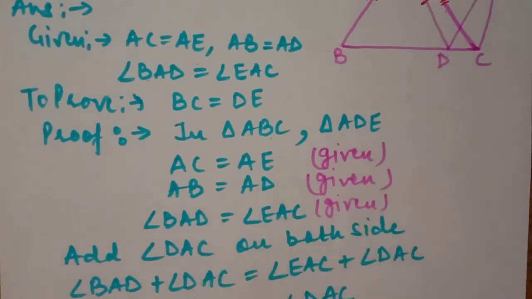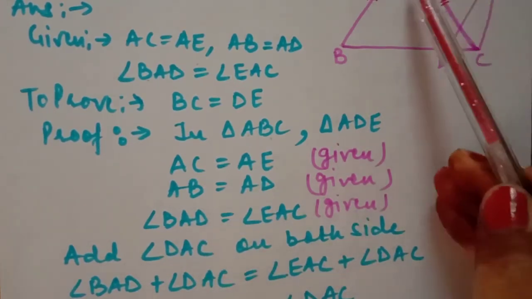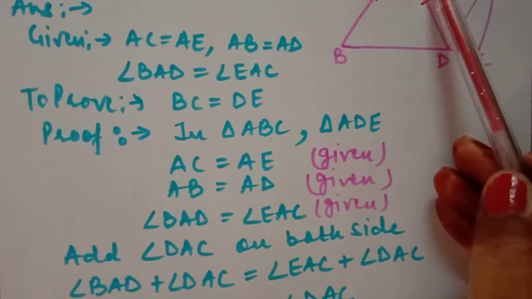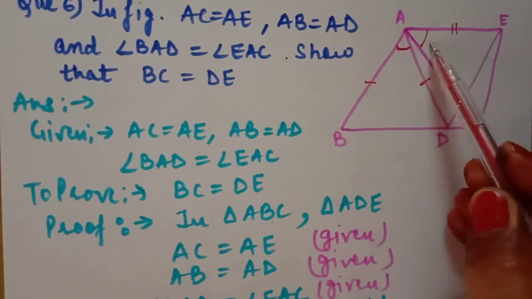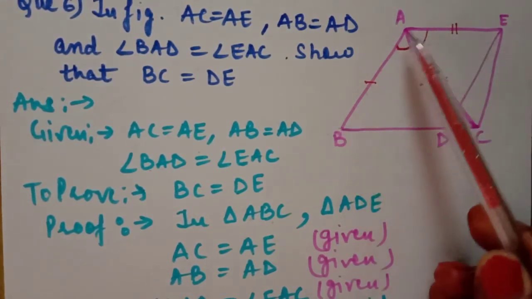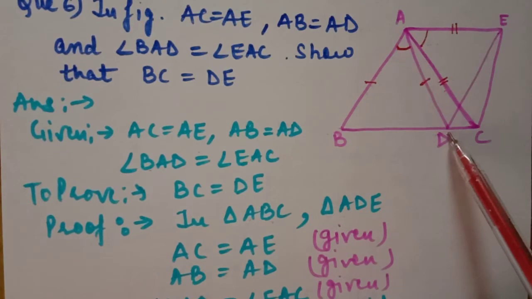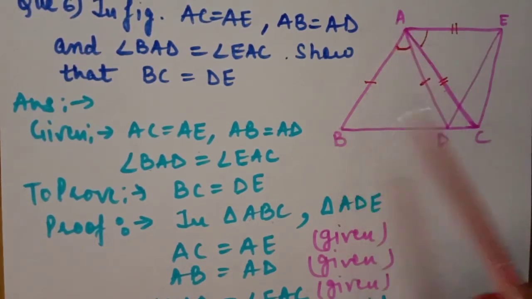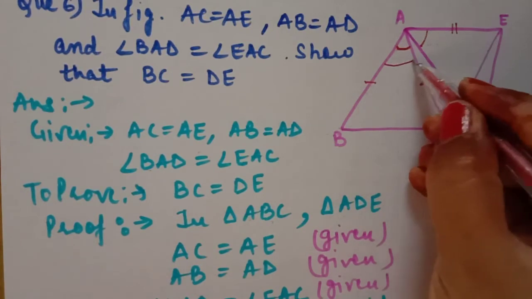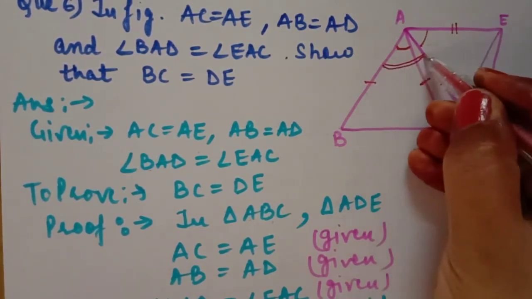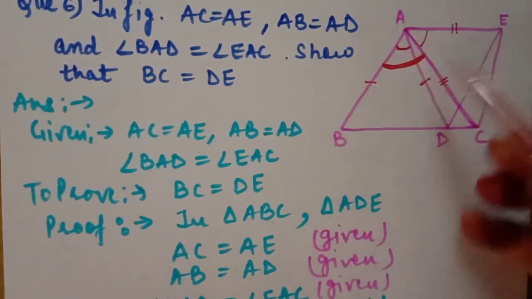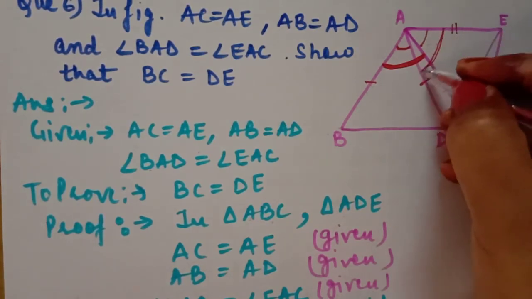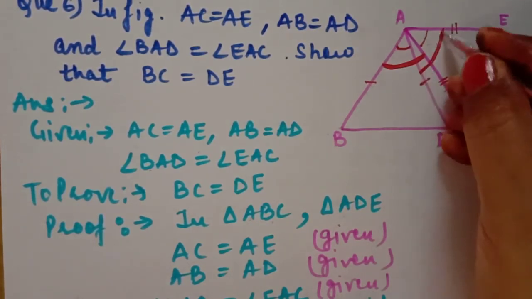But students, if you focus on these two angles, they are not the complete angles in the given triangles. BAD is given, but in triangle ABC the complete angle is BAC. This is our complete angle in triangle ABC. Similarly, in triangle ADE the complete angle is DAE.